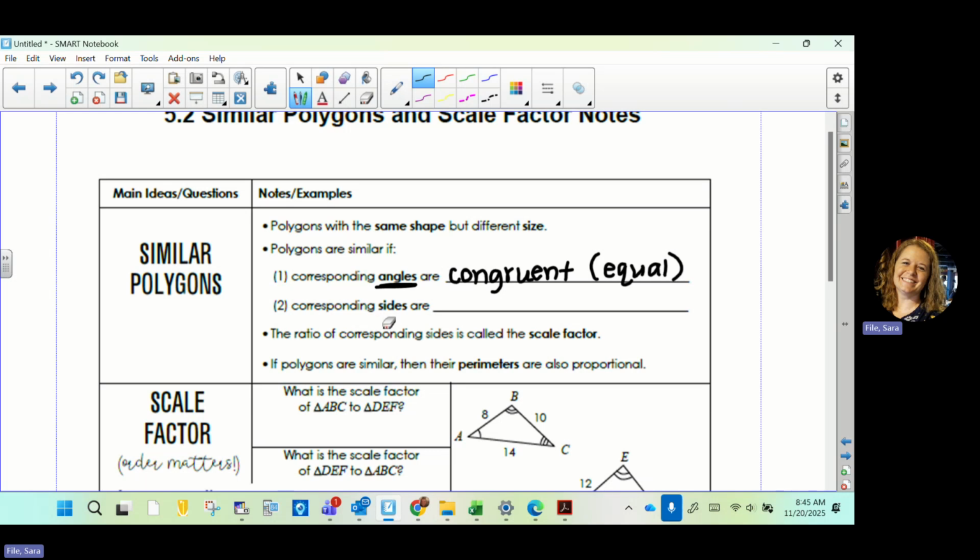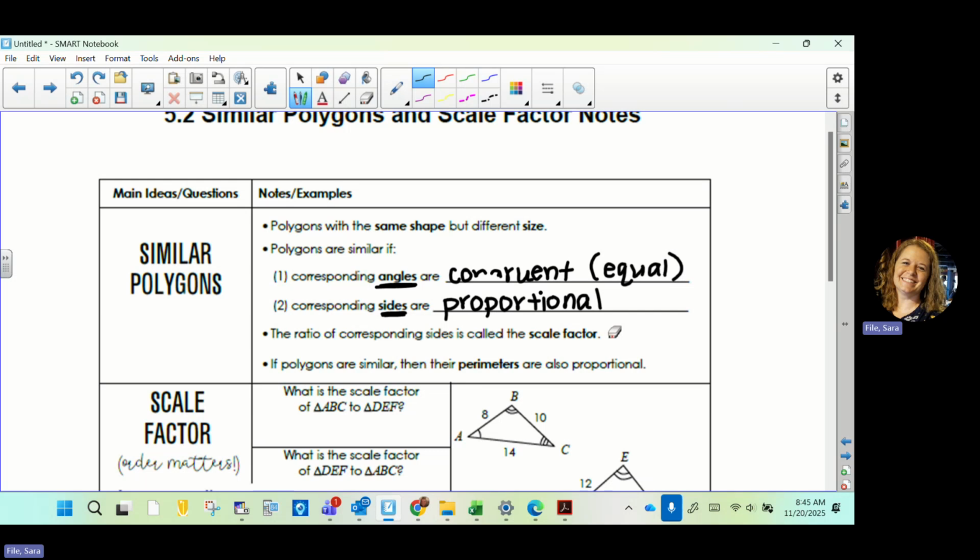The sides are going to be proportional. Hey, we just talked about proportions. And this is why, because the side lengths of similar figures have to be proportional to each other. That means the ratio is equal. So the ratio of corresponding sides is what we call the scale factor.